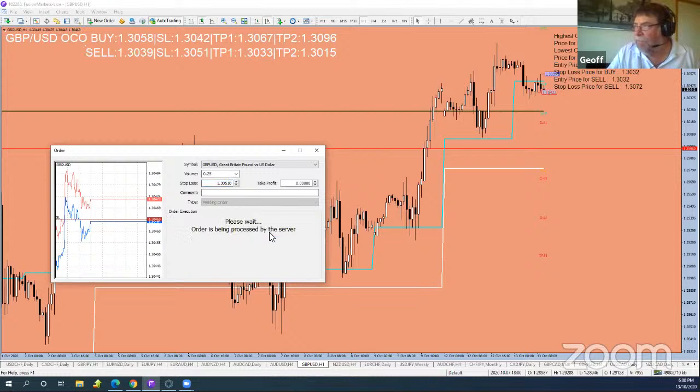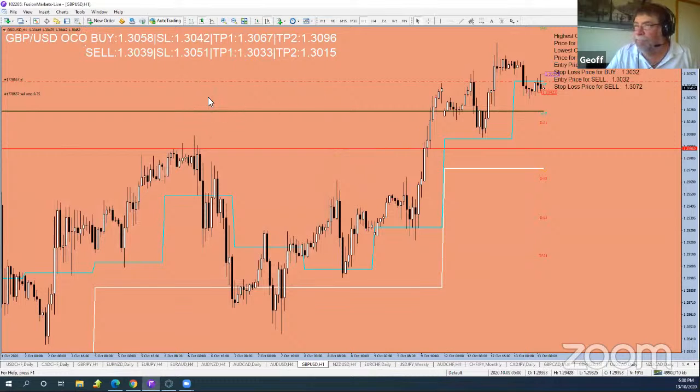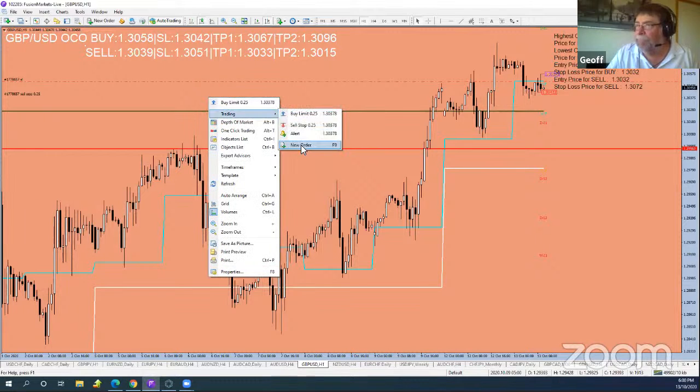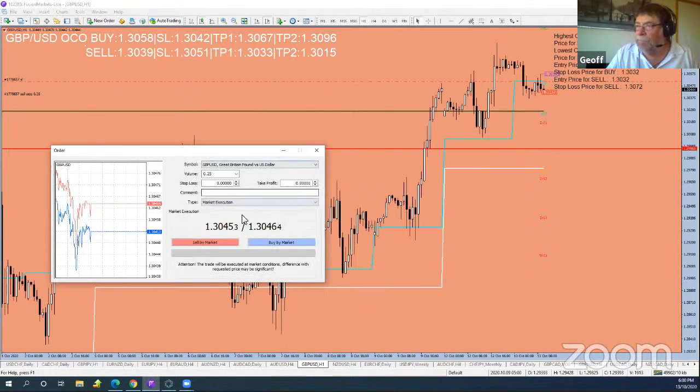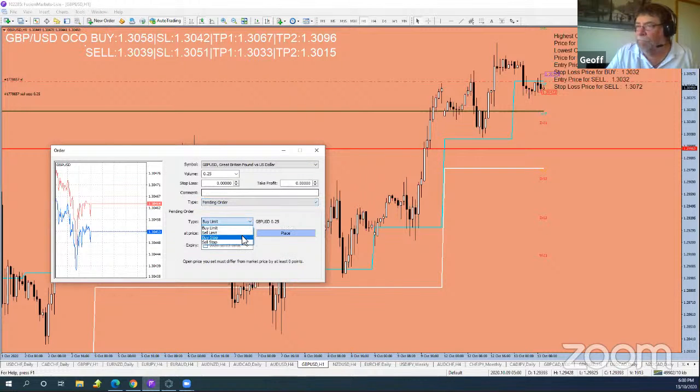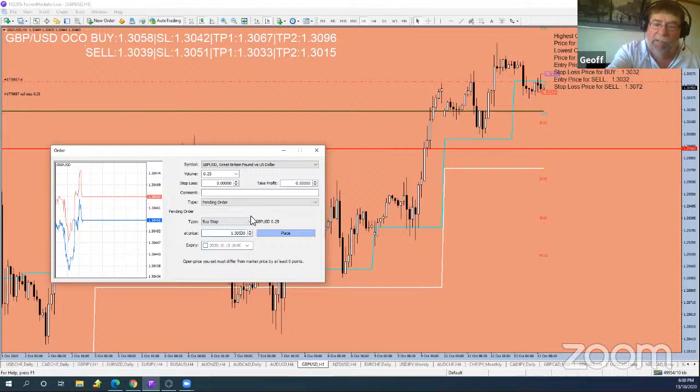That one's good. And now the buy. Buy stop at 1.3058, and stop loss 1.3042.